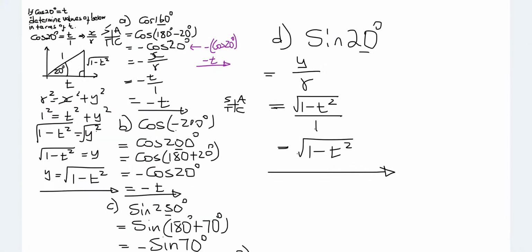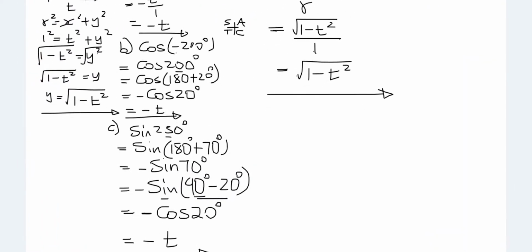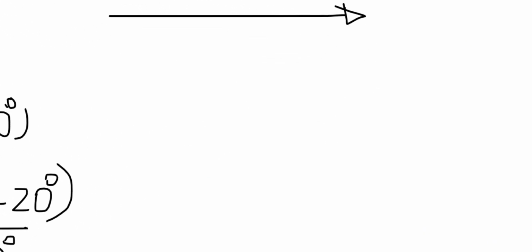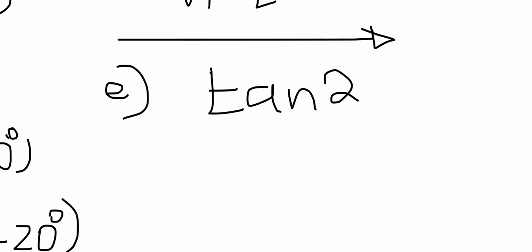I'm pretty sure that you did understand how easy that one is, especially after you have done your right-angled triangle. And let's do this last one, where you are given tan of 20 degrees.